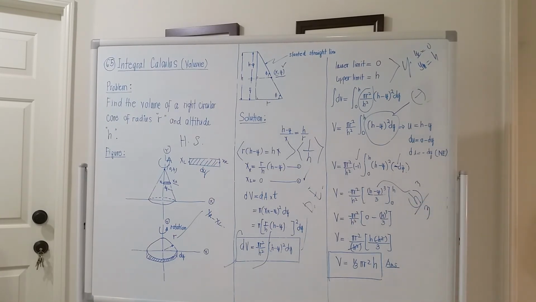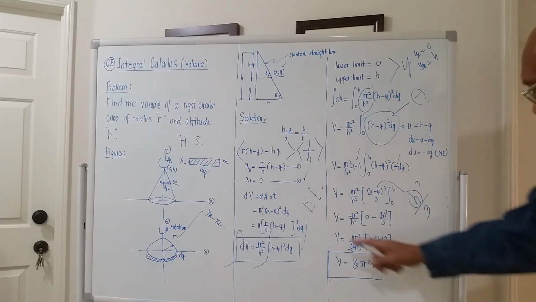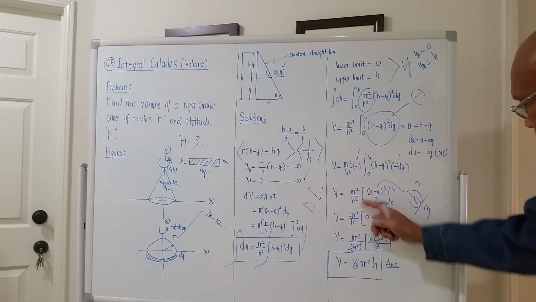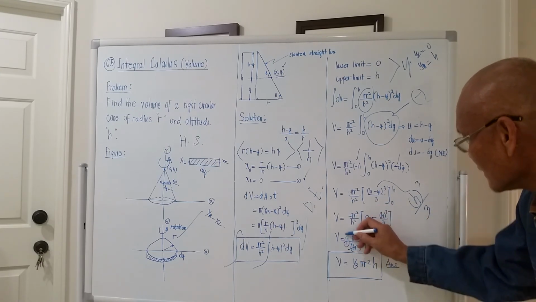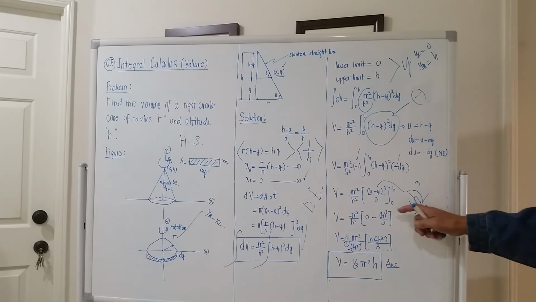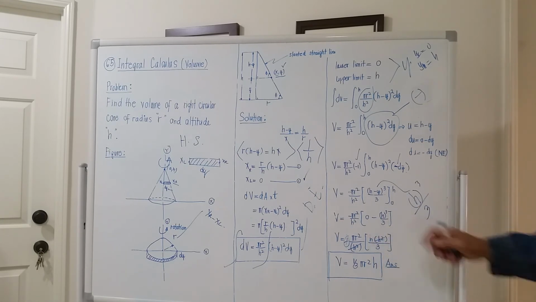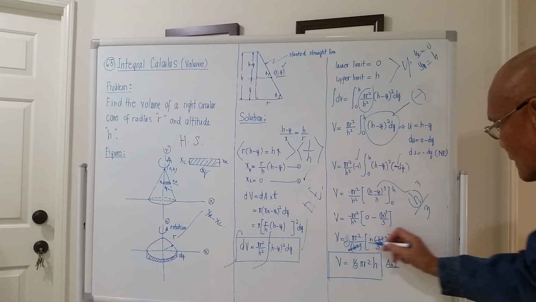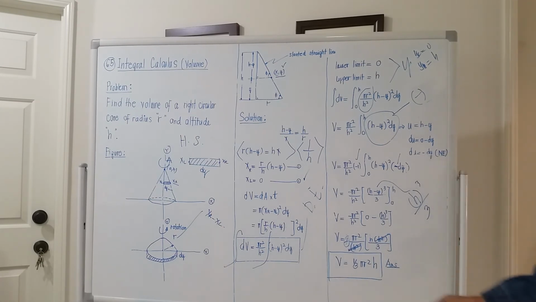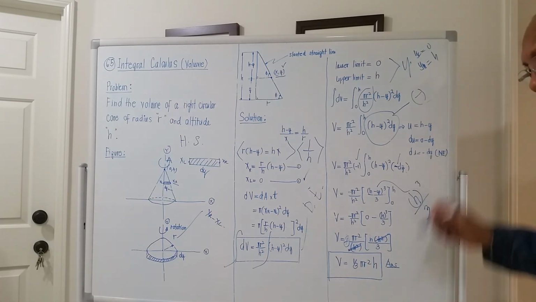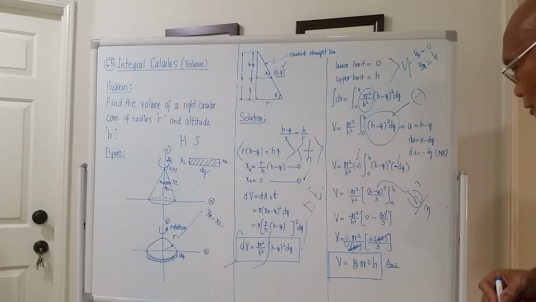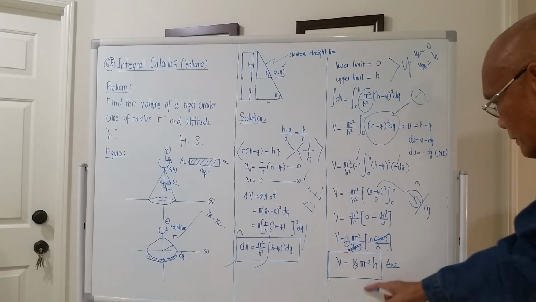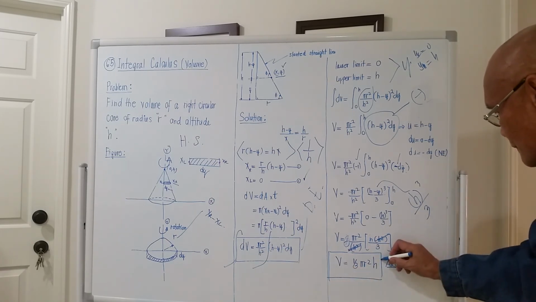Simplifying further, we show the cancellation. Volume will be pi r square over h square times the quantity h cube, and this is minus and minus, so this will now be plus. I will place h cube as h times h square, so this h square cancels with this. So the final formula for the volume of a right circular cone in terms of radius r and h is volume equal to 1/3 pi r square h.